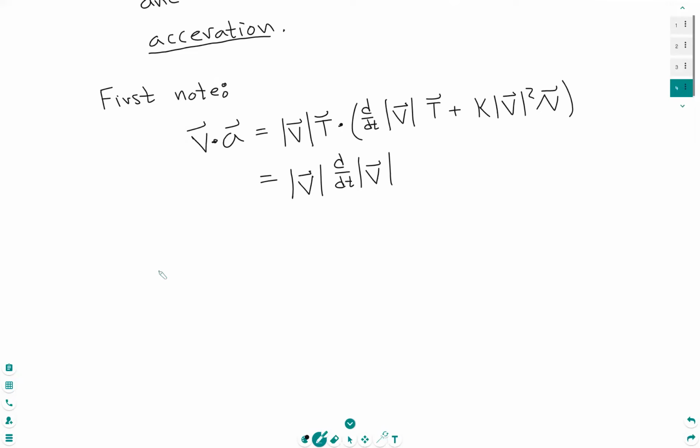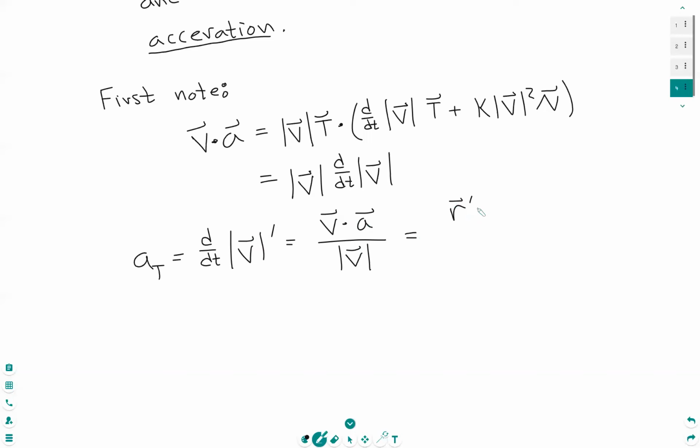So with that, we can say that AT, our tangential acceleration, is d/dt of the speed, so the derivative of our speed, which is v dot a over the magnitude of v.